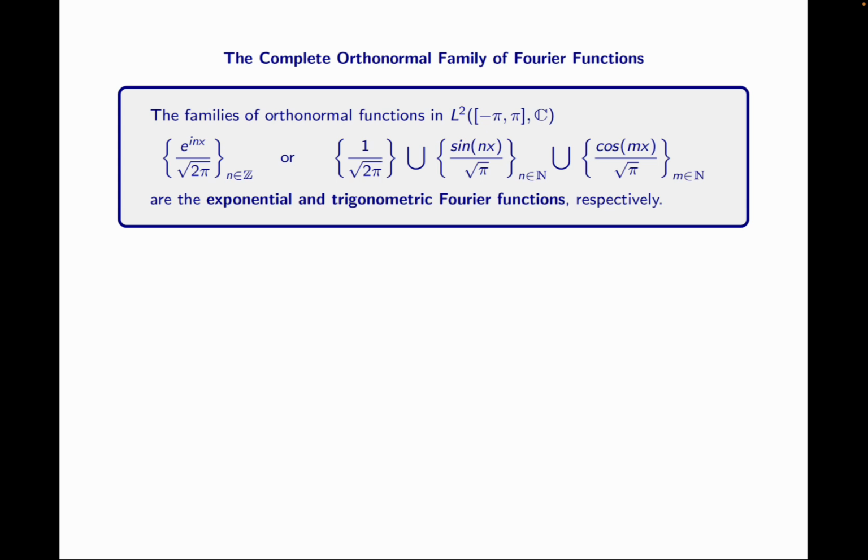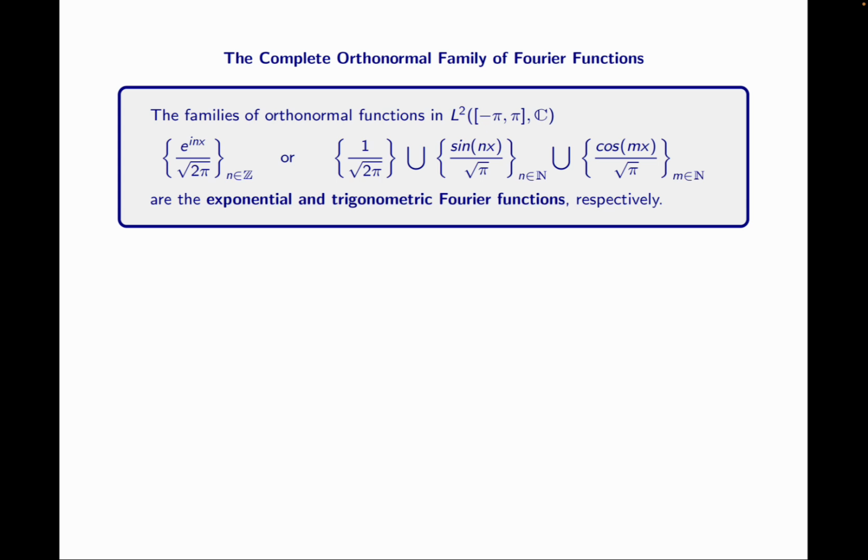So we have two different ways of describing these Fourier functions. We have the functions e to the i n x divided by the square root of 2 pi for all integers n. That means n ranges from negative infinity to infinity, where n are integers.